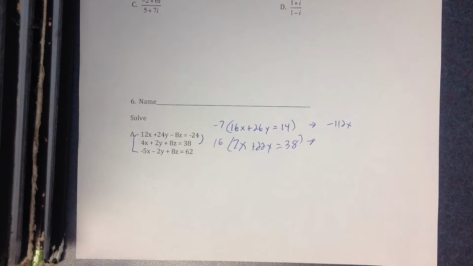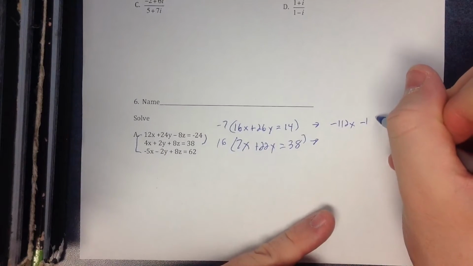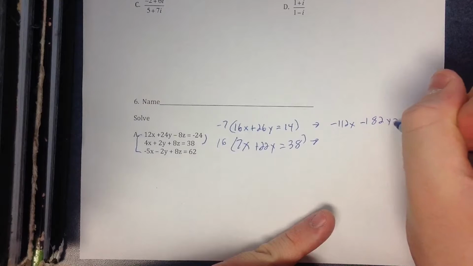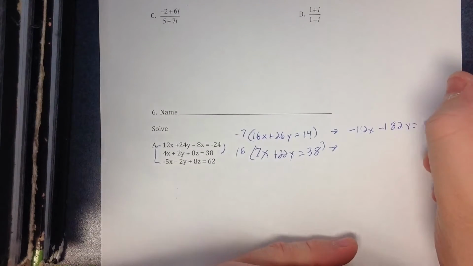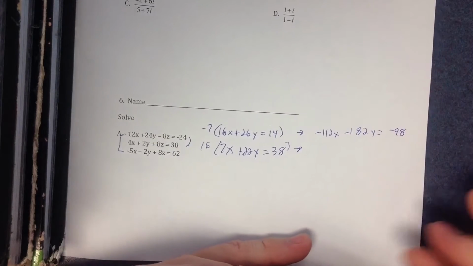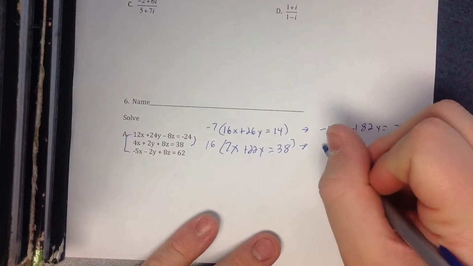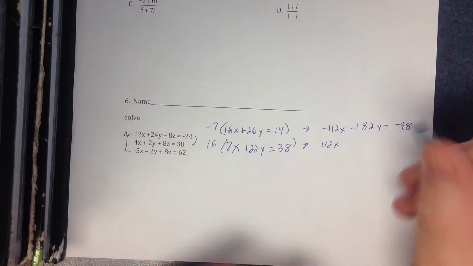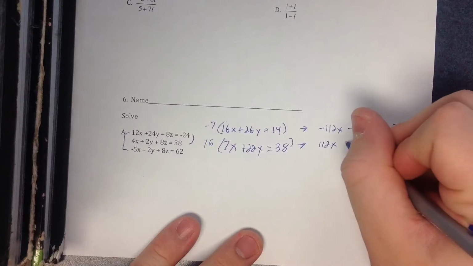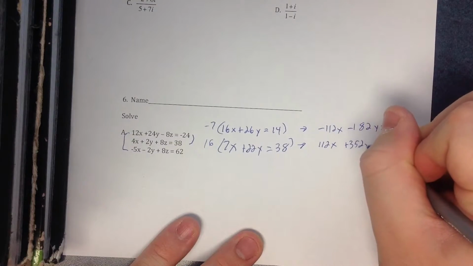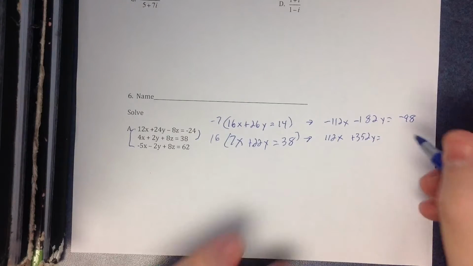Negative 7 times 26 is negative 182y, and then negative 7 times 14 is negative 98. Then if I multiply the bottom by 16, I get 112x. 16 times 22 is 352, so plus 352y. And then 16 times 38 is 608.